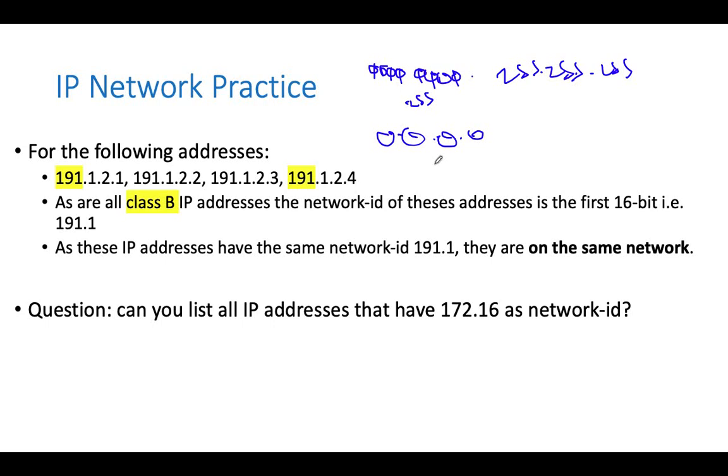As you can see here, we give just an example of 191.1.2.1, 2.2.2.3. What's that exactly? To understand, take 192.168.10.0.